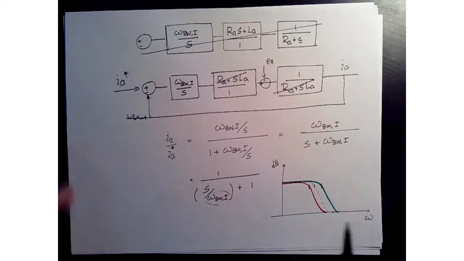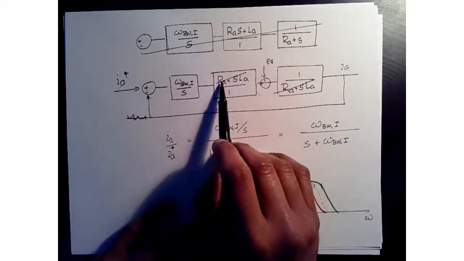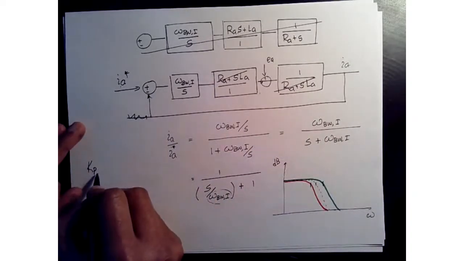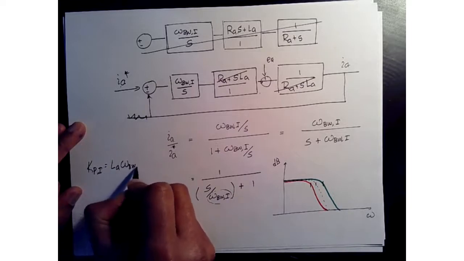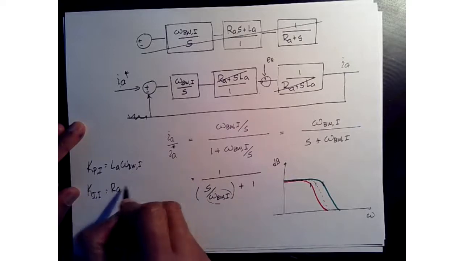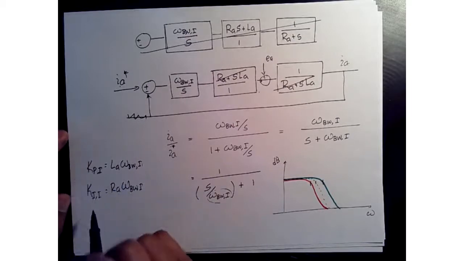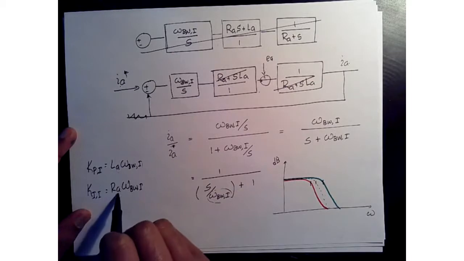Okay, good. Now, I think we have a really cool setup here, but there are a few things we need to keep in mind. When we design our controller, our KP is basically LA omega bandwidth I, and KI is RA omega bandwidth I. Now, your KP and KI are calculated based on your motor parameters, right?